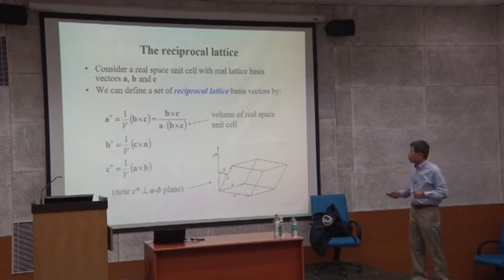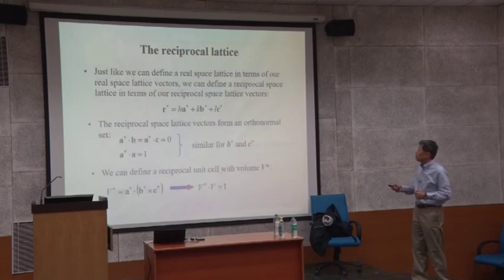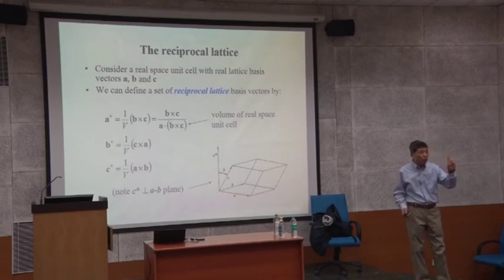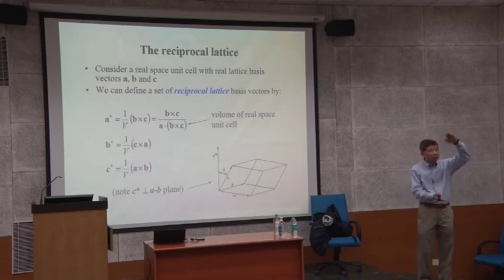So you have two pieces of information in reciprocal space. The cross product vector is defined that way, but the two pieces of information you get are that the actual vector direction is perpendicular to the plane, and the length of the vector is the reciprocal of the d spacing of that plane.